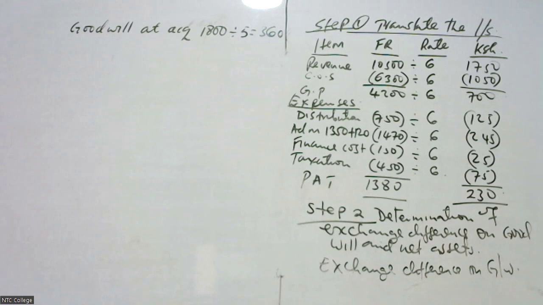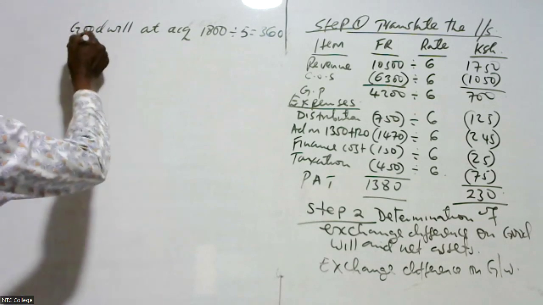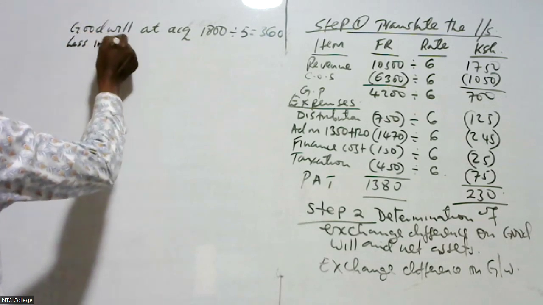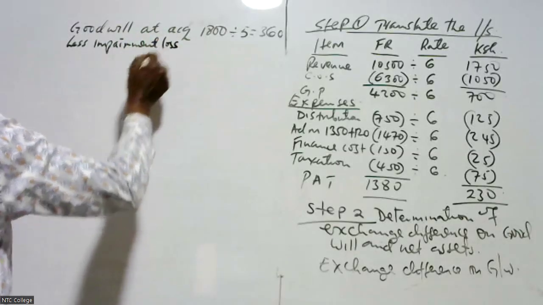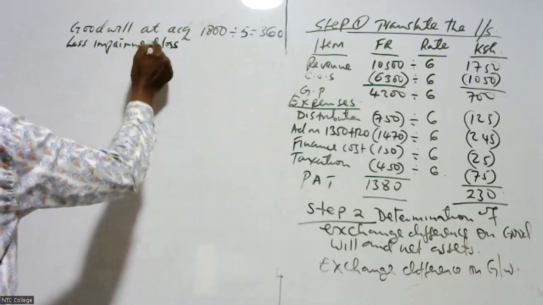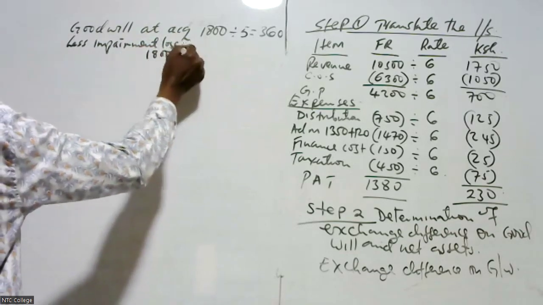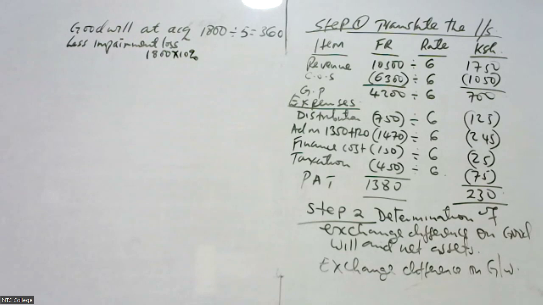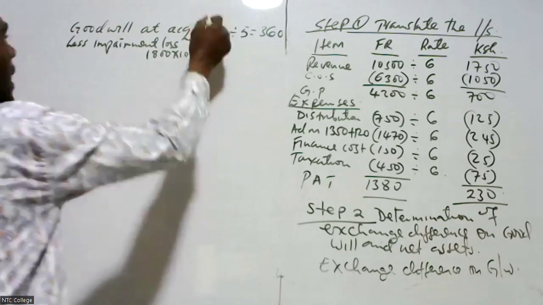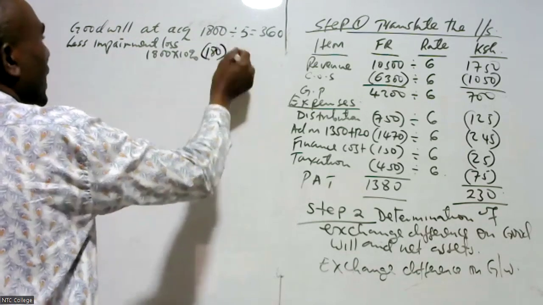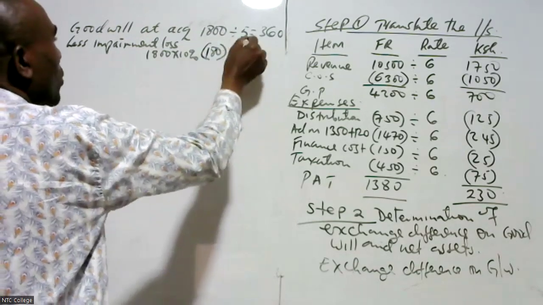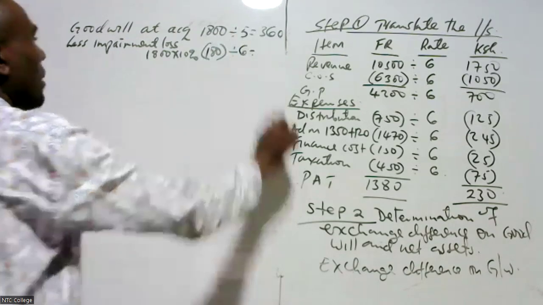Then the examiner told me that impairment will come to reduce it, impairment loss, so that we get goodwill at the end. Impairment loss is 1800 times 10%, which gives 180.